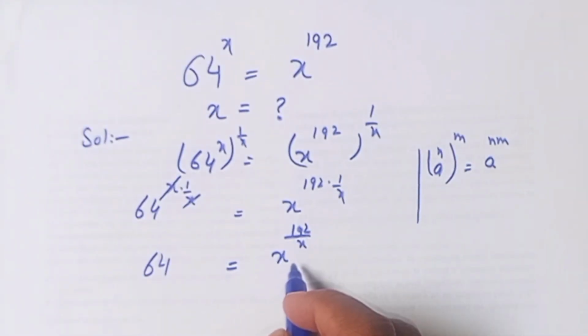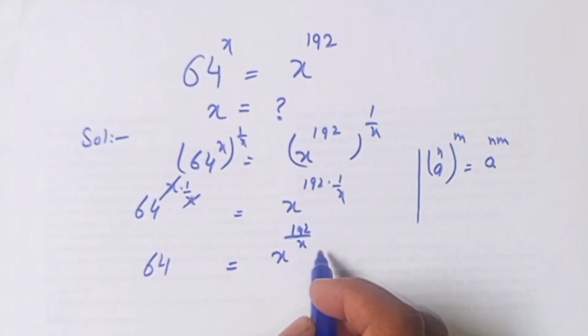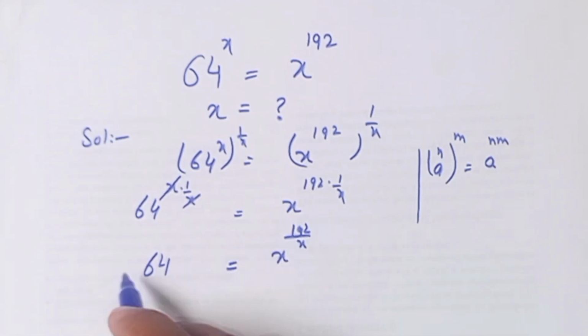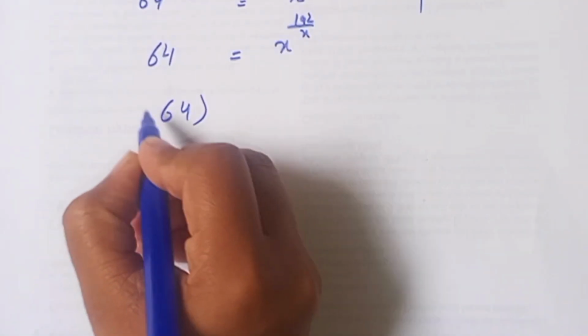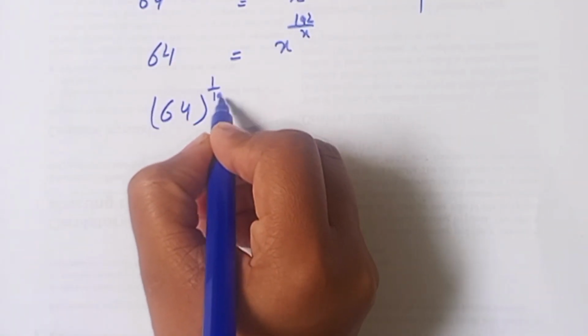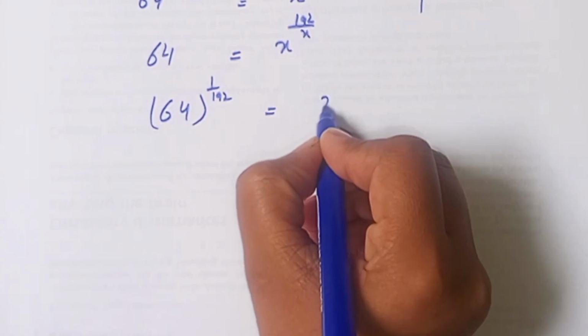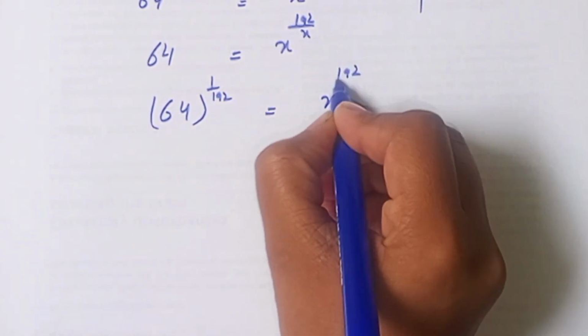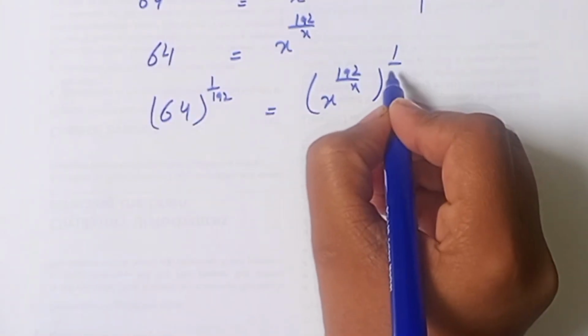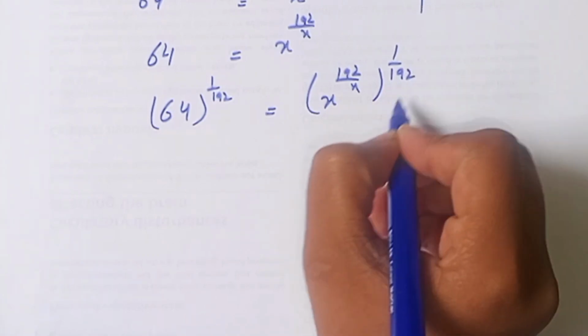And in the next step, we take a power 1 over 192 on both sides of this equation. So this is 64, take a power 1 over 192 on this side, and this is x raised to the power 192 over x, take a power 1 over 192 on this side.